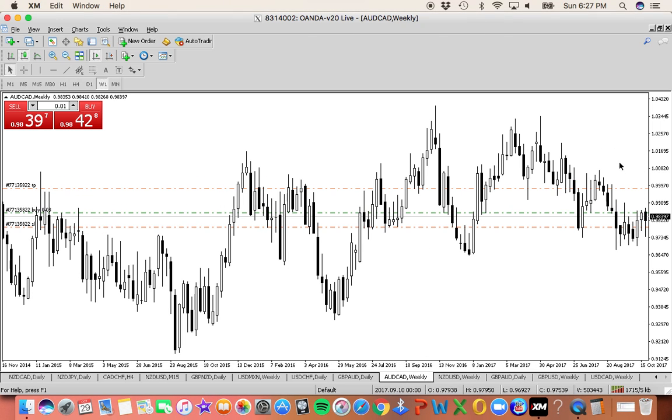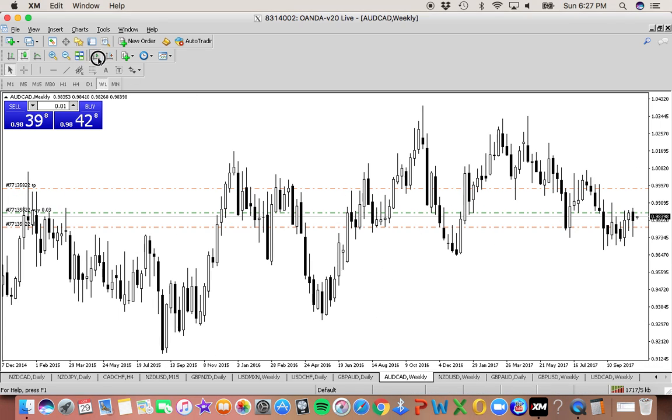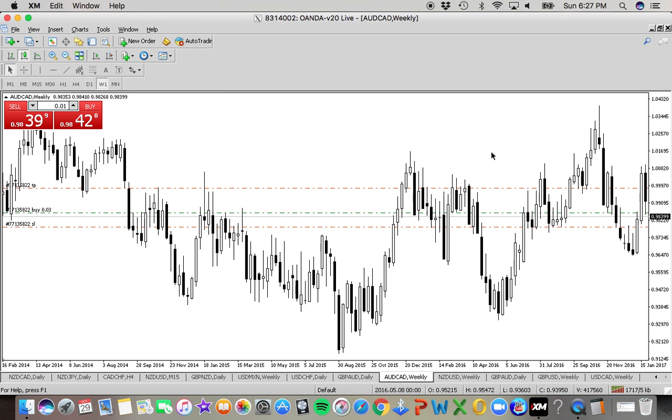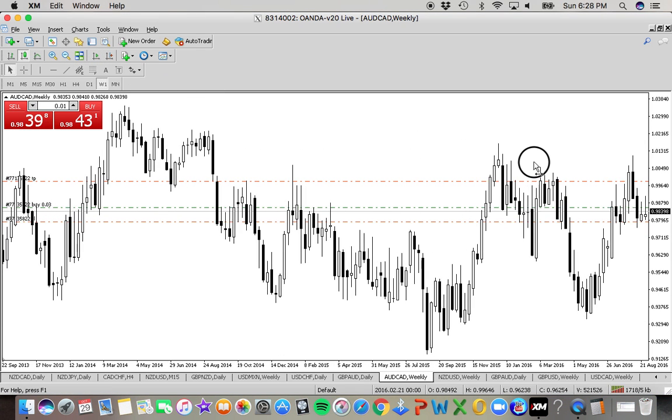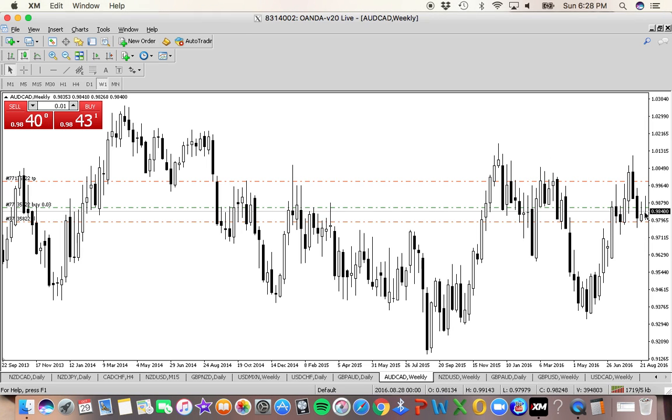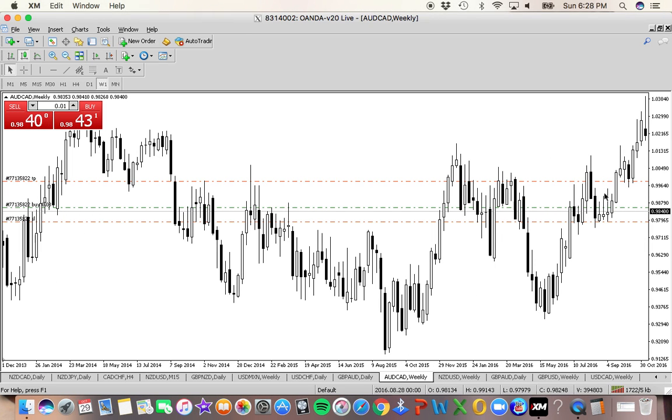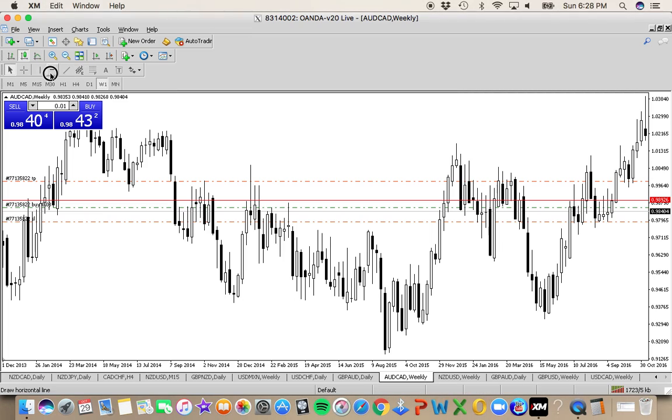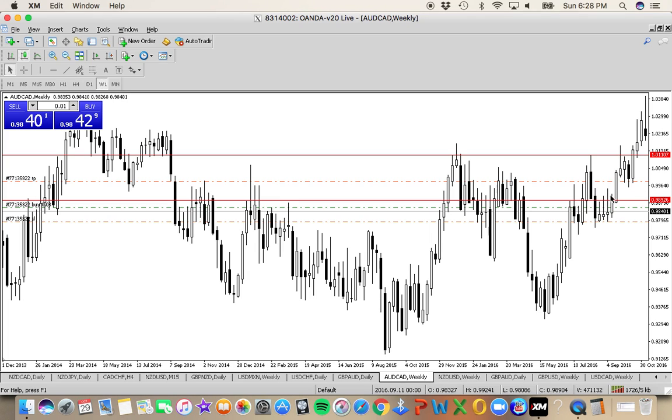You would have taken those trades here and here, because of course it's a supply zone. This would be the zone. They came here and gave two strong signals, two weeks in a row, signaling that a downtrend is about to occur.